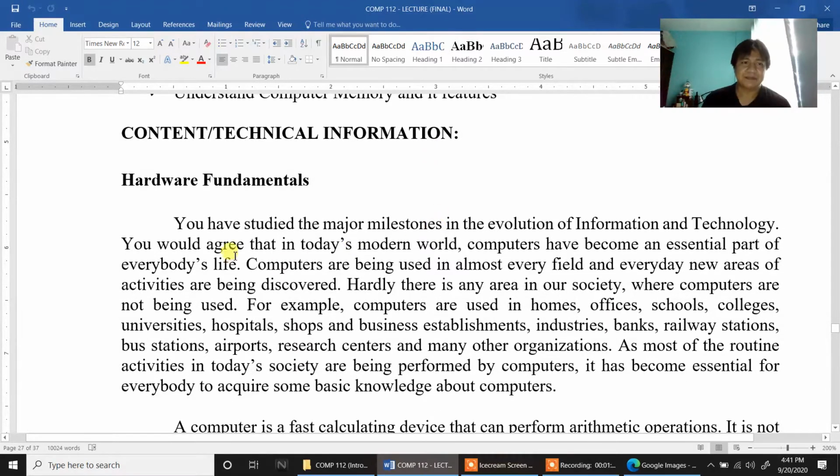So technically, when we say hardware, if you study the evolution of information technology with regards to the computer, based on the previous discussion on week 1, the milestone regarding the hardware is very detailed, and at the same time its history is very essential.